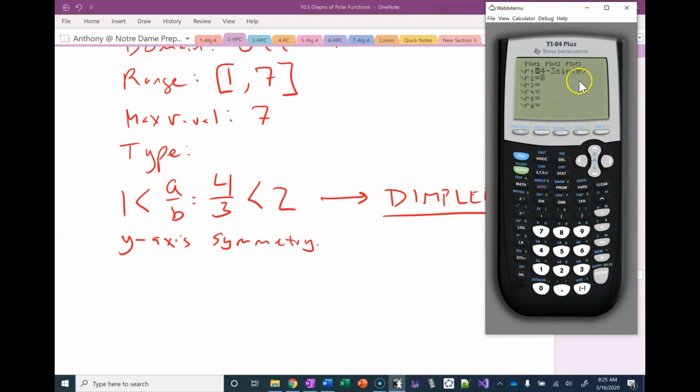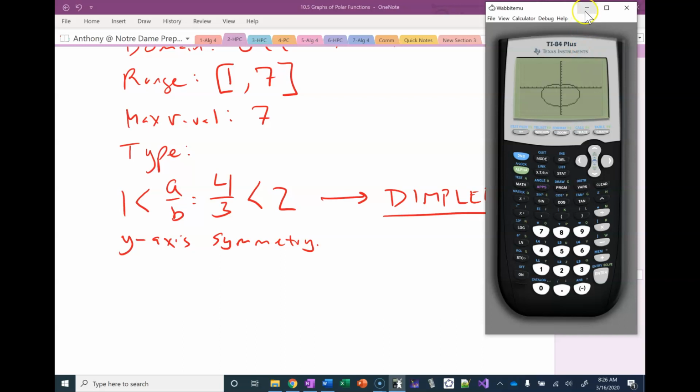My window should be fine for this, so I'm going to hit graph. And what I have is this heart-shaped curve that is very much the dimpled shape that I was expecting. Is everybody okay with that? I sure hope so.